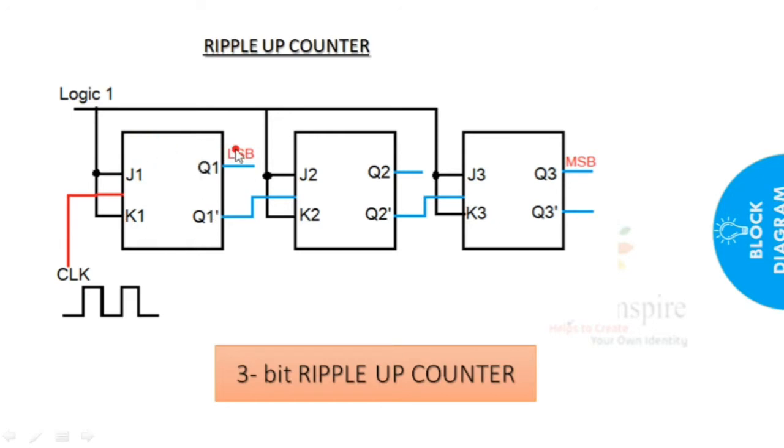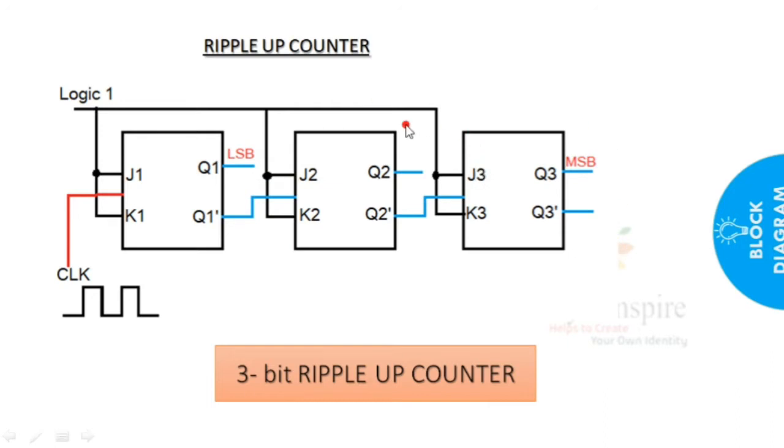This output is nothing but the LSB of my output, and like this I have to go, and the last one is the MSB. For the second flip-flop, Q bar is considered as the clock pulse. For the third flip-flop, Q bar is my clock pulse. If I have a fourth one, again Q bar is my clock pulse. You can consider Q bar.